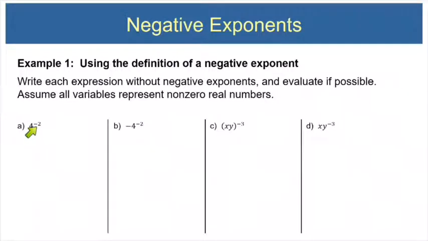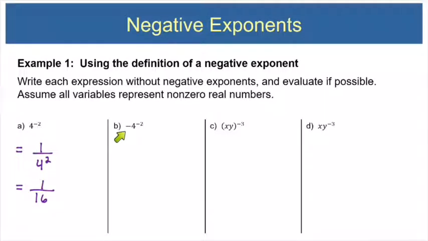Now remember, the negative exponent rule says we can make this exponent positive if we move this whole thing to the denominator. So this is equal to 1 over 4 to the positive 2. We know 4 to the second power is 16, so this is going to end up being 1 over 16.